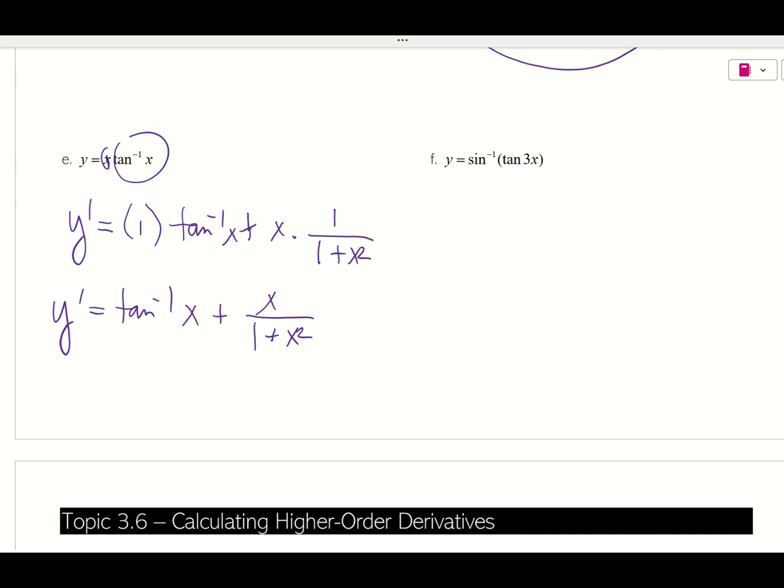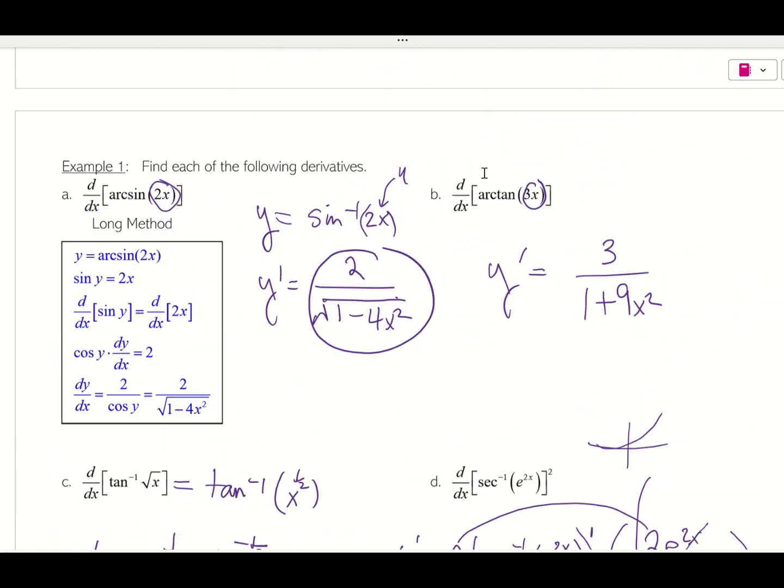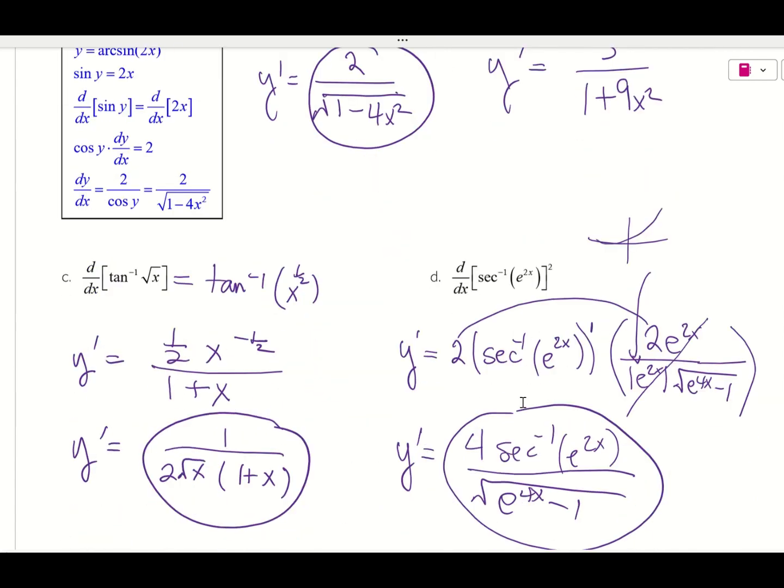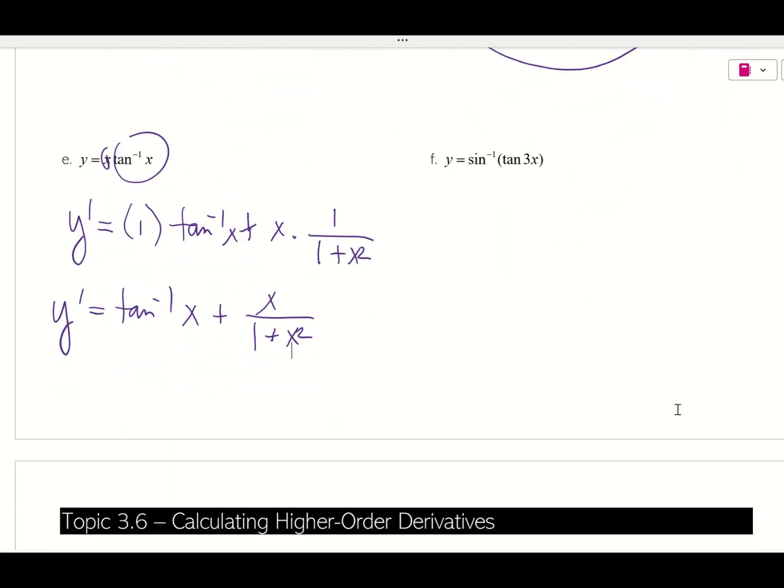All right, last example, we have a chain rule, of course. So again, going back to the memorized value for inverse sine, it is u prime over the square root of 1 minus u squared. Okay. So y prime would be, okay, remember this is a chain rule, so that's going to be our u.